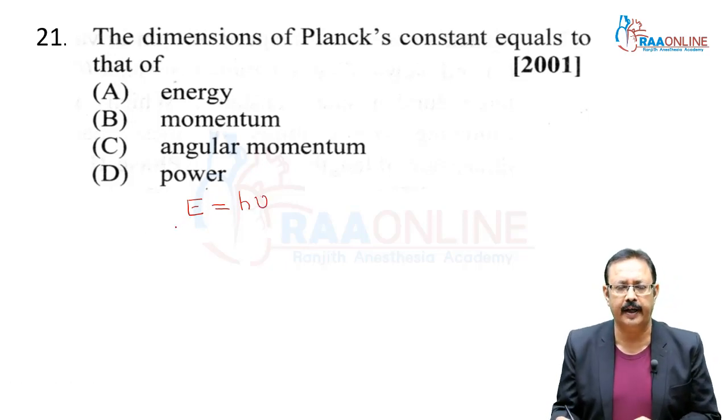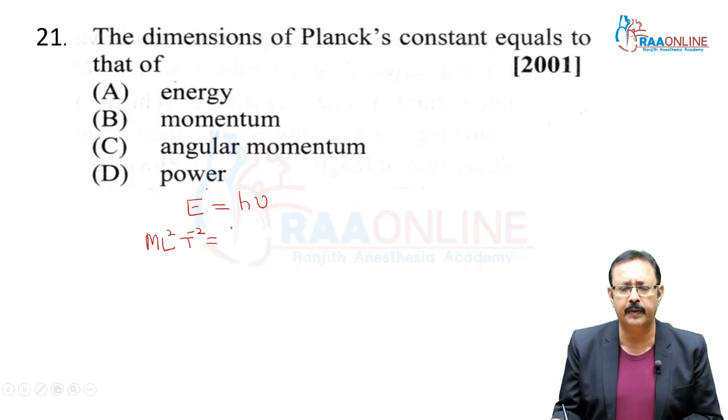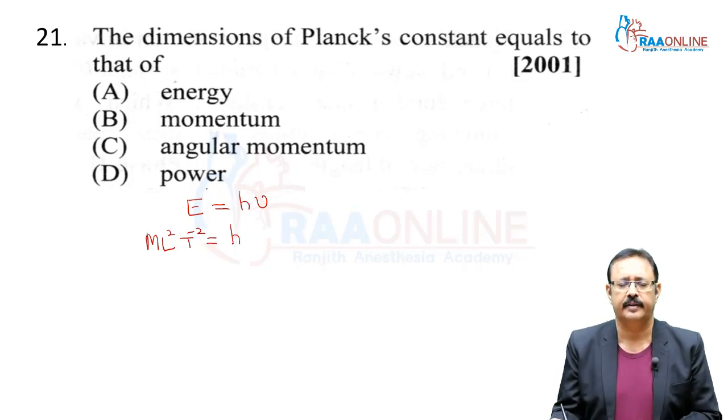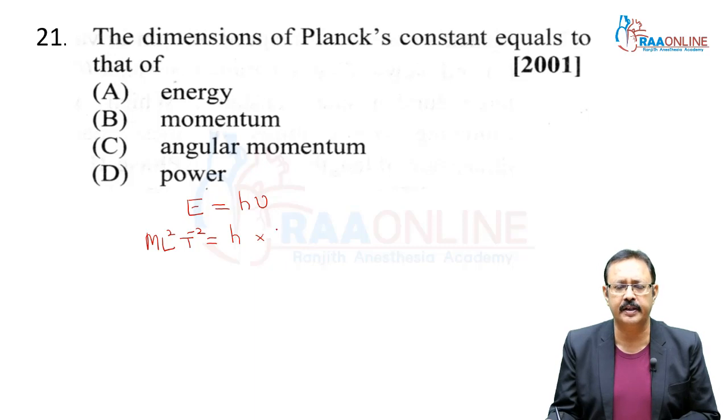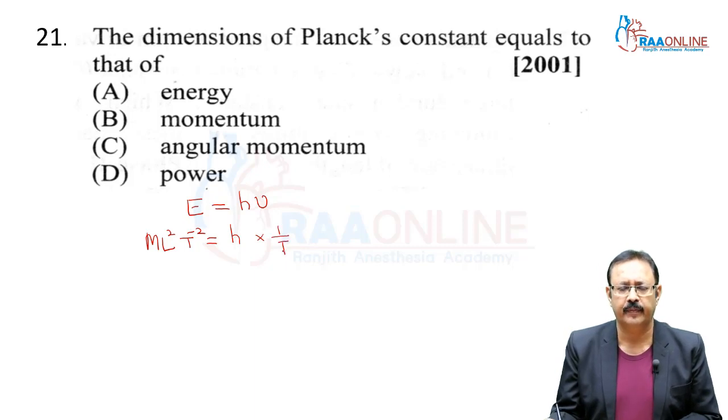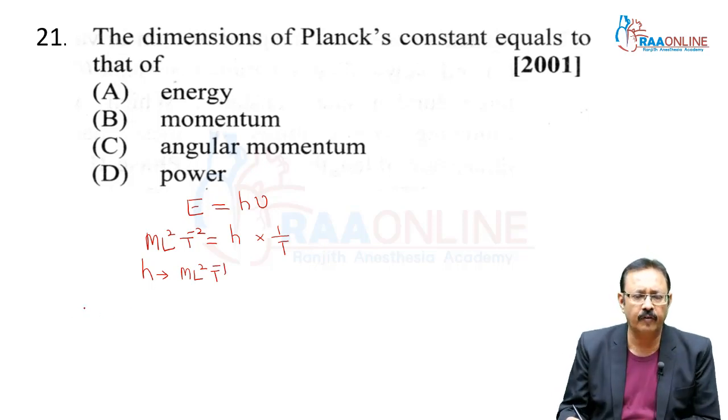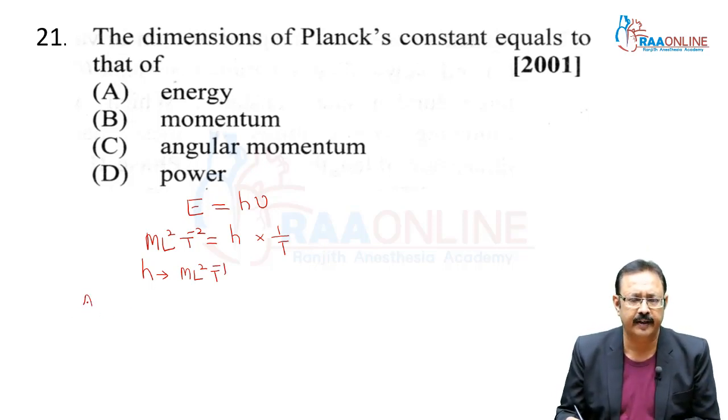What is E? Energy, so ML^2 T^-2. We want to calculate Planck's constant. What is frequency? 1 upon time. So what we are getting for Planck's constant is ML^2 T^-1. Now we will check the options, first A, energy.